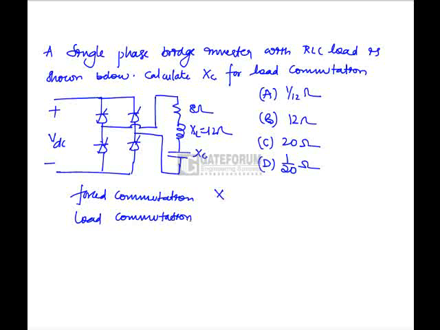In forced commutation, inductive reactance is more than capacitive reactance, whereas in load commutation, capacitive reactance is more than inductive reactance. What does it mean? That Xc value should be greater than 12 ohms, which is given on the load side of the inverter. If you see the options here, Xc value is greater than 12, and he has given option C as 20 ohms. So option C is the correct answer.